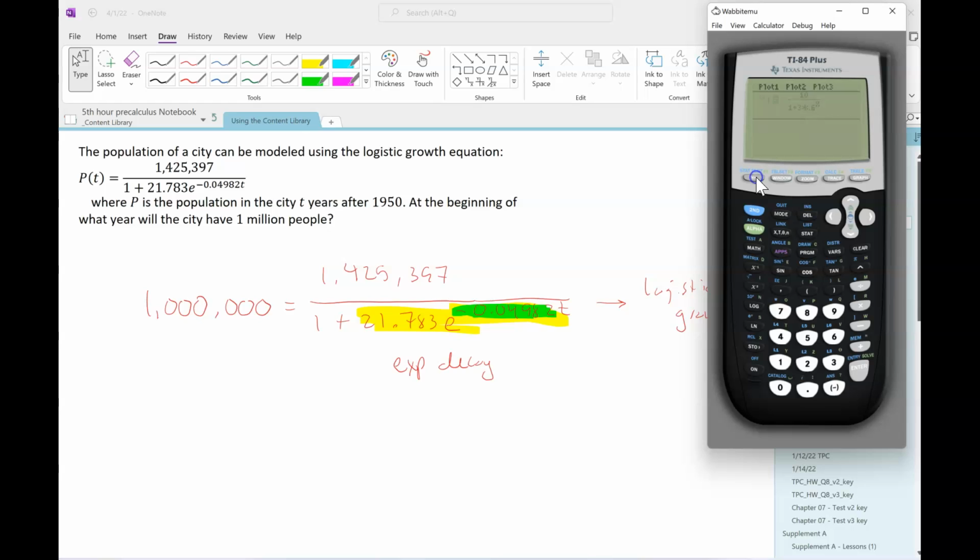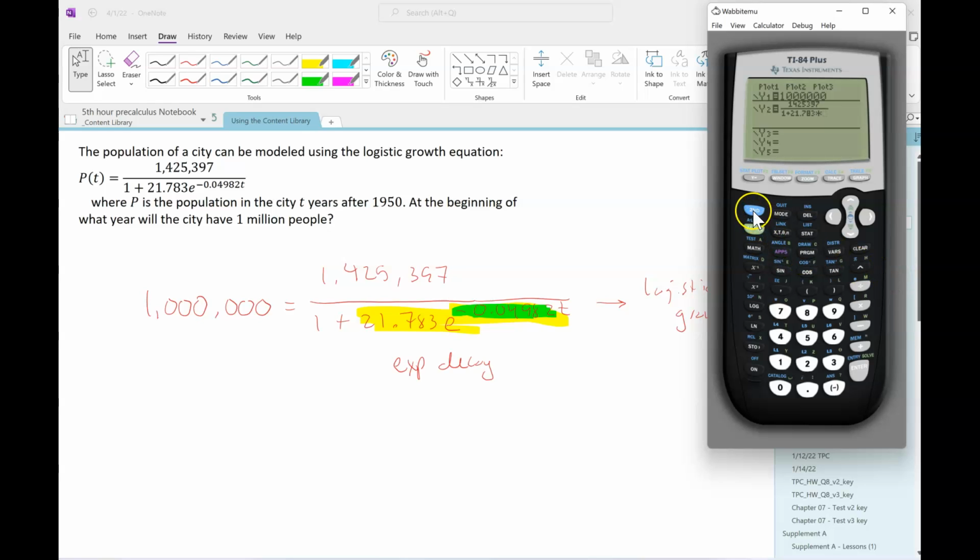All right, let's do it. So one input is the 1 million, the left-hand side. The other input, I'm going to type in exactly as it looks, so I'm going to use the fraction command. Do you remember how to get the E on your calculator?